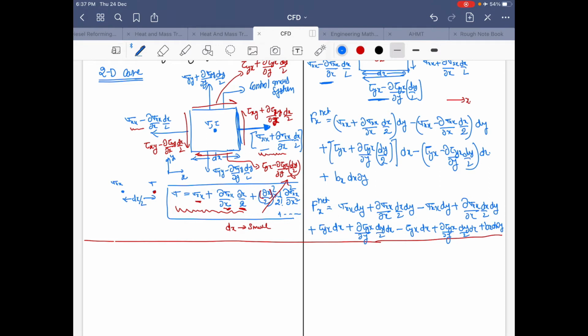So these are the net forces that are acting on the control mass system.